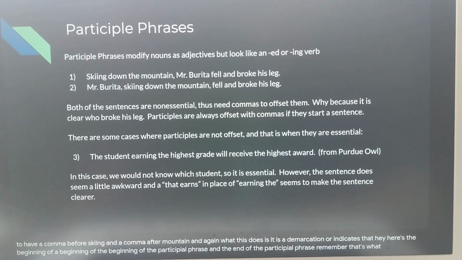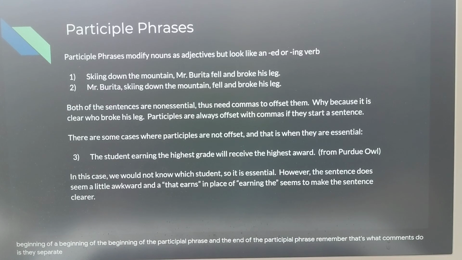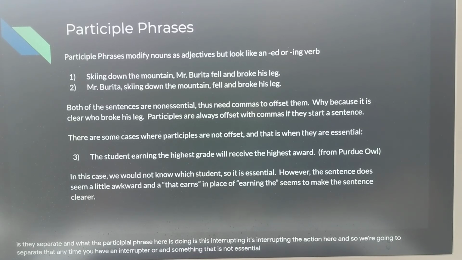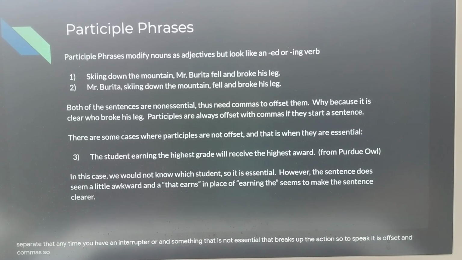Remember, that's what commas do, they separate. And what the participle phrase here is doing is interrupting the action. And so we're going to separate that. Anytime you have an interrupter or something that is non-essential that breaks up the action, so to speak, it is offset in commas.